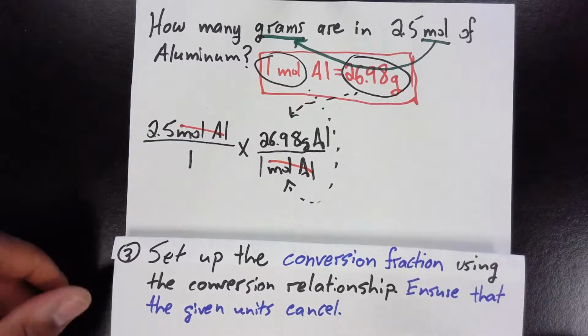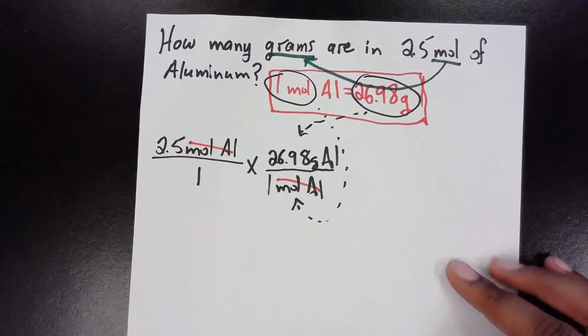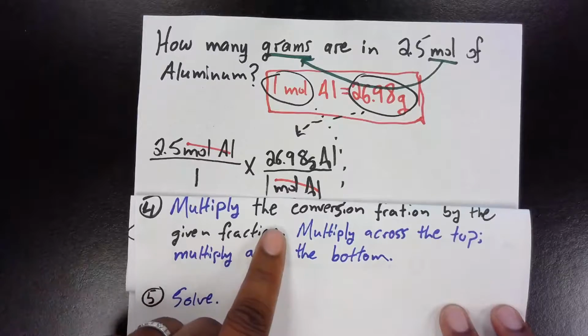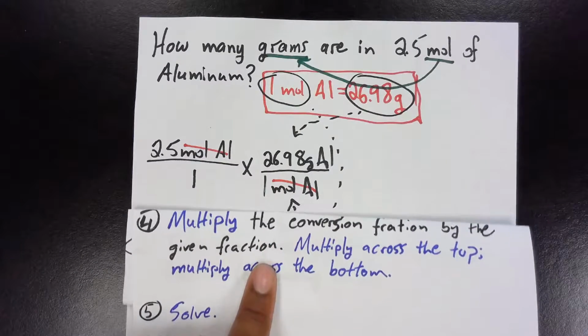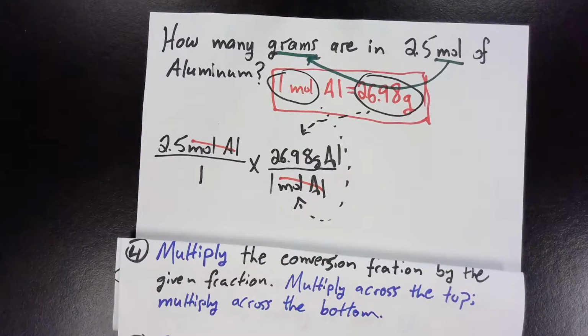Then finally, I can go to my fourth step, which is to multiply the conversion fraction by the given fraction. Basically, we're just multiplying across the top and multiplying across the bottom.